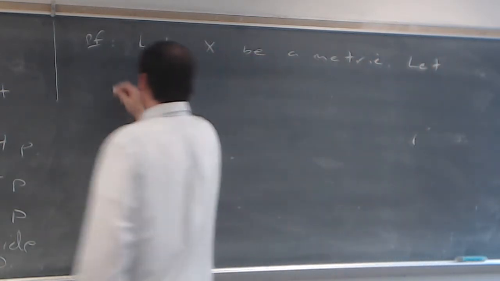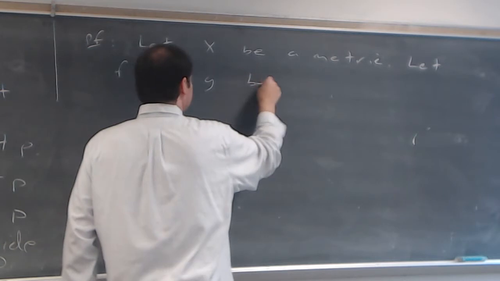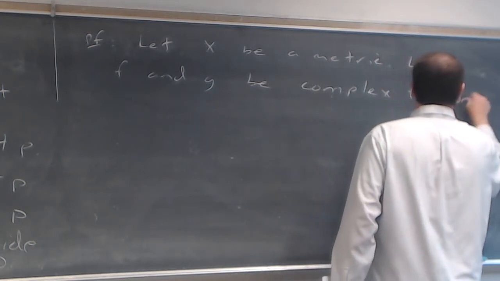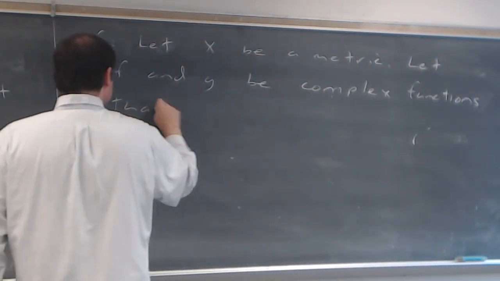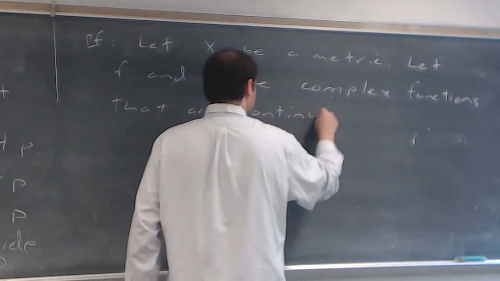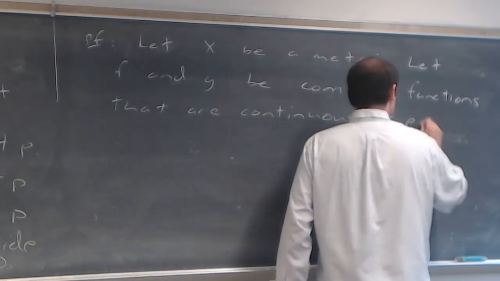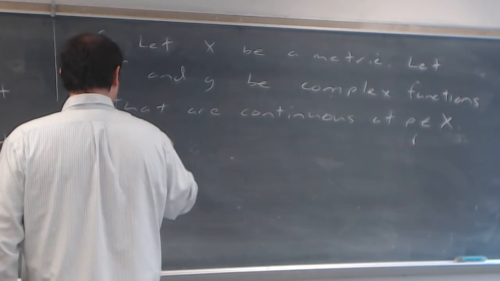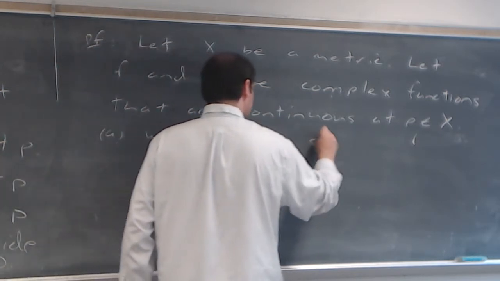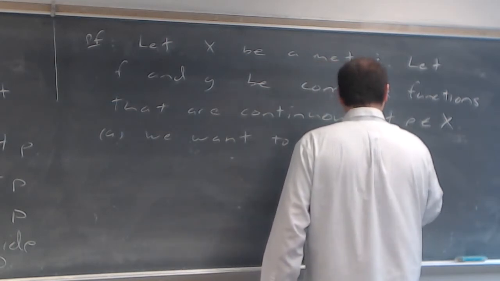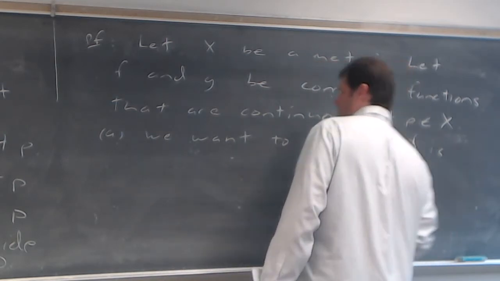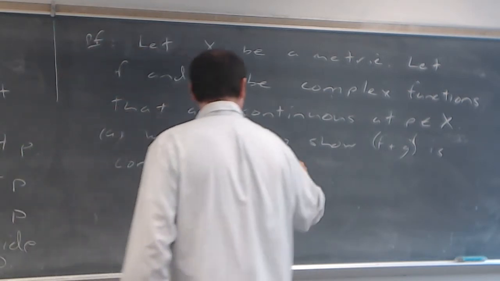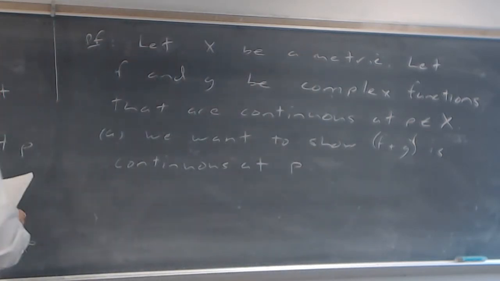Let f and g be complex valued functions that are continuous at P, this particular P an element of X. So for part A, we want to show f plus g is continuous at P. So we're going to consider two cases.